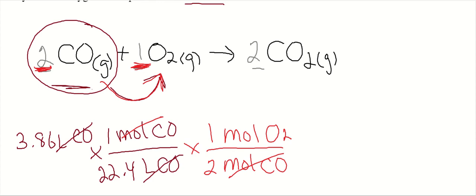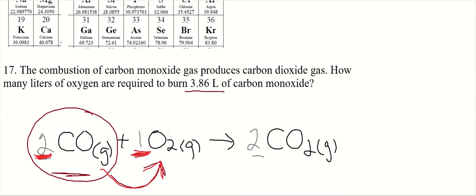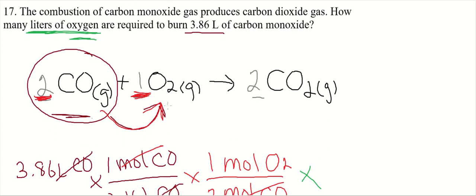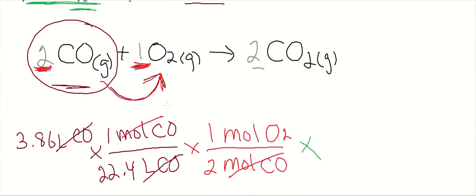And our final step, if it's asking you for a unit other than moles, in this case, how many liters of oxygen? We already have oxygen, so we're almost there. We just need to turn our moles into liters. So step 3 is to convert to the desired unit. Right now we have moles.